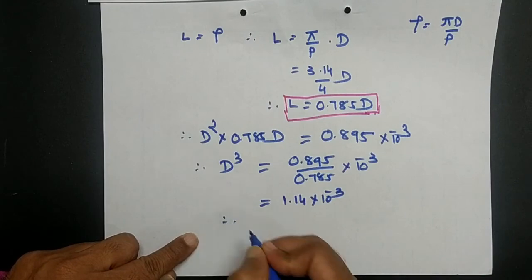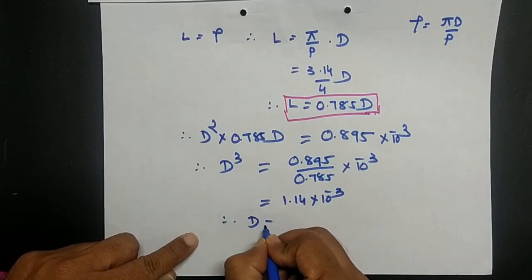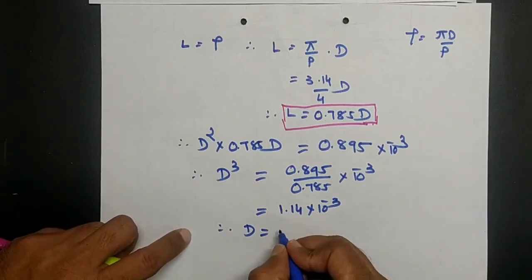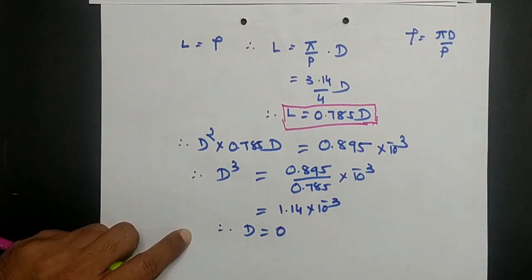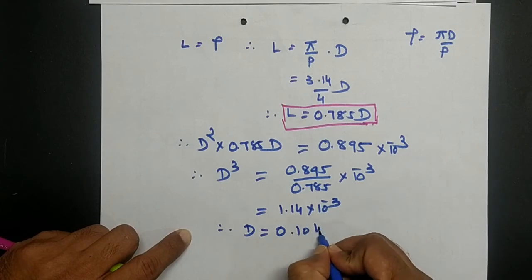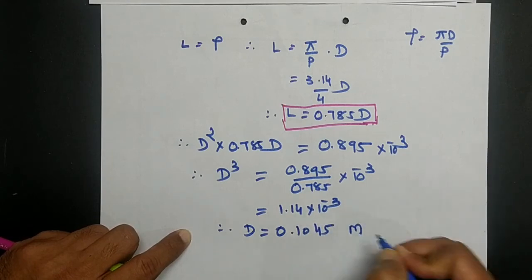And therefore if we take a cube root, then we have D. So D is equal to the cube root of 1.14 multiplied by 10 raised to minus 3. Then it comes to 0.1045 meter.